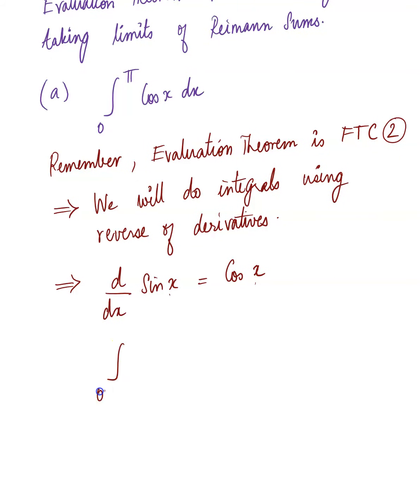So integral 0 to pi cosine x dx equals, let me quickly recall FTC. FTC said integral a to b small f of x dx is capital F of x evaluated from a to b. Okay, that's the other notation I showed you. So capital F of x is already the integral of the small f of x.